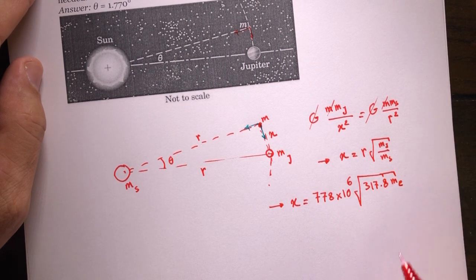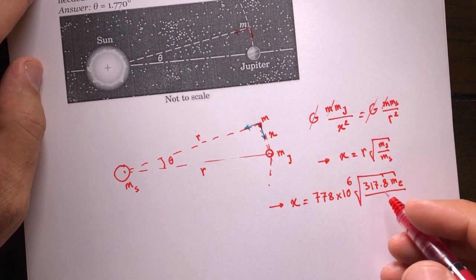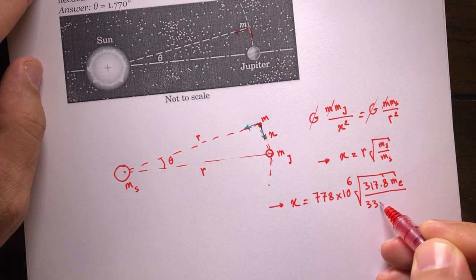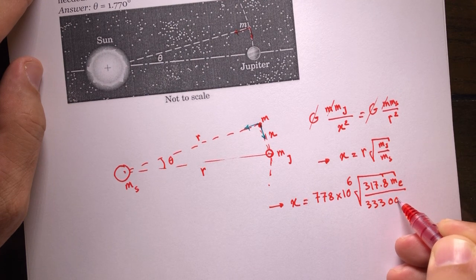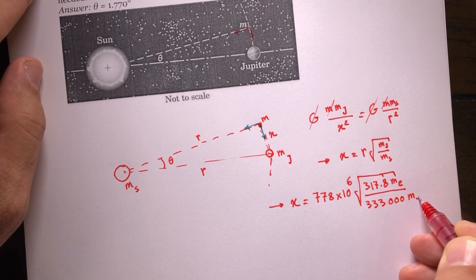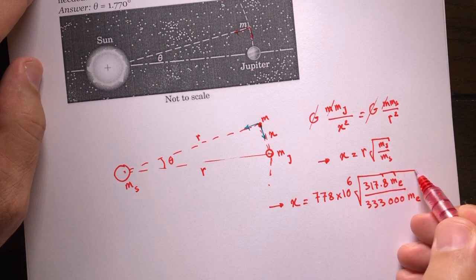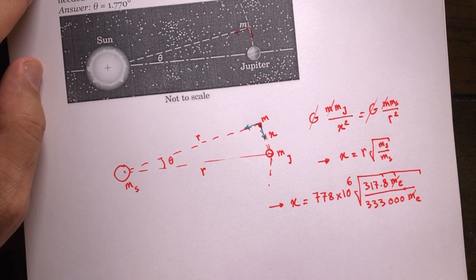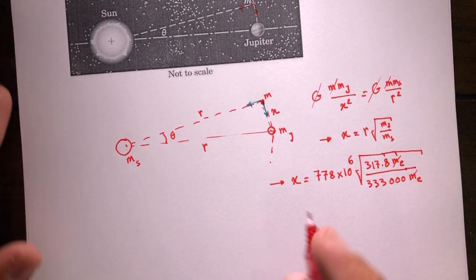If I show the mass of the Earth with ME, I have this for Jupiter. And also the mass of the Sun, based on that table, is 333,000 times the mass of the Earth. The mass of the Earth is going to cancel out from numerator and denominator, and we can find x from this equation.